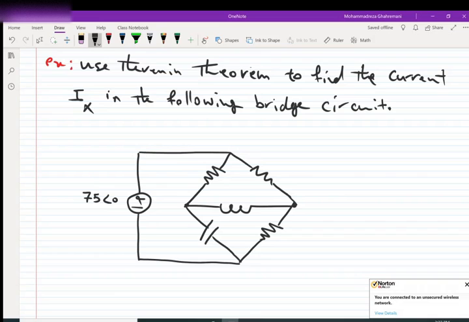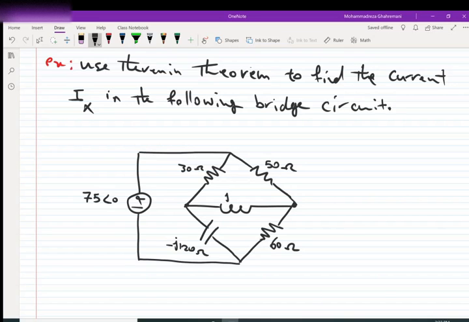The values are 30 ohm, 50 ohm, 60 ohms, negative j120 ohms, and j200 ohms. And we want to find the current Ix in this circuit, which is the current moving through the inductor.